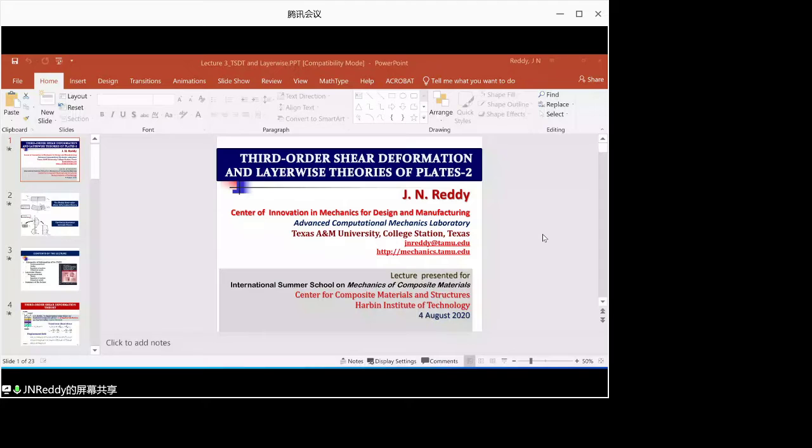It's 3D elasticity. Whereas in the plate theories, shear deformation theory, we are expanding the displacements in different directions, different ways. So there is an issue with the shear strain, which has the rotation function undifferentiated and the transverse deflection differentiated. Then we force both of them to be linear.